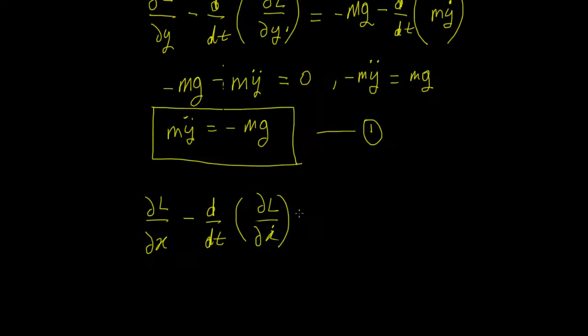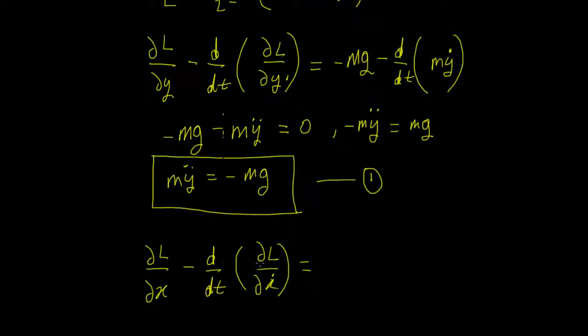So we're looking to differentiate that with respect to x. Now there is no x term in it. There's an x derivative, but there's no value of x in it, so the first term is going to be 0. And we're going to differentiate d by dt of the partial L by partial x derivative.